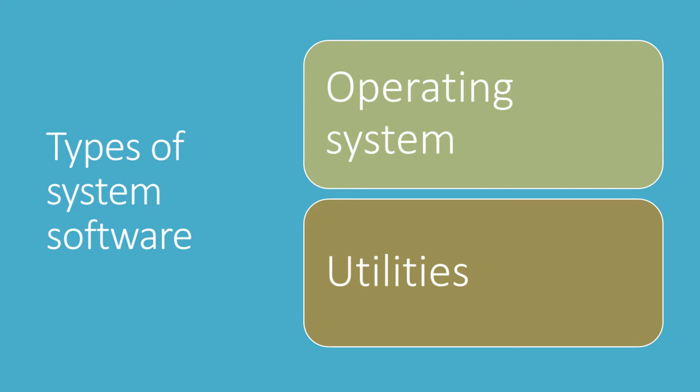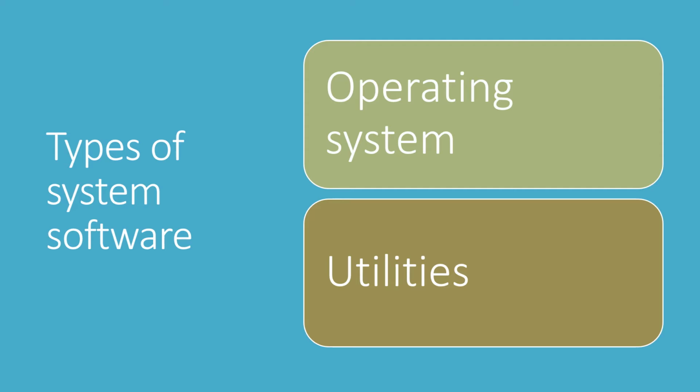Within the system software category, there are two subcategories: operating systems and utilities. An operating system is a collection of many different software tools which together enable a computer to run completely. Operating systems sometimes lack particular items of application software, and in that case we can buy utilities.